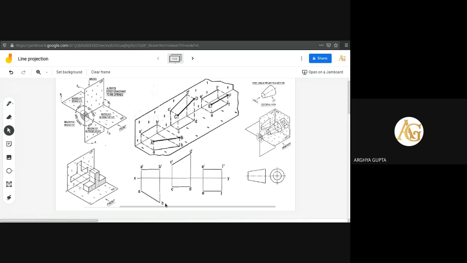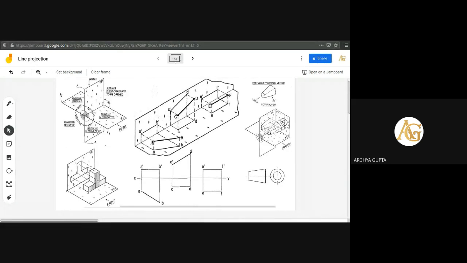So AB is the true length, and A dash B dash will be the reduced length. How much reduction has been made has to be decided after the drawing. We cannot tell it arbitrarily. That has to be drawn.